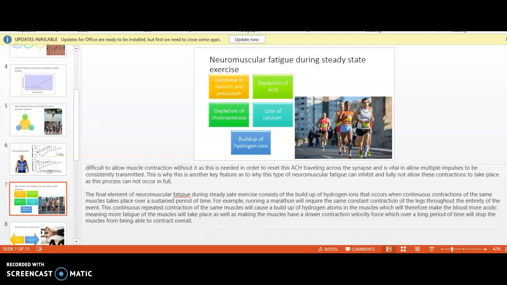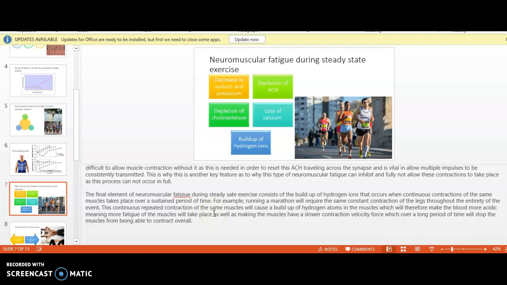The final element of neuromuscular fatigue during steady state exercise consists of the buildup of hydrogen ions that occurs when continuous contractions of the same muscles take place over a sustained period of time. For example, running a marathon will require the same constant contraction of the legs throughout the entirety of the event.